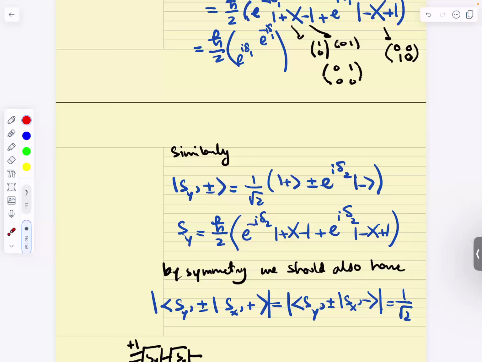Anyone? It's i. E to the power of minus i pi over 2 is minus i. If you force one of them to be real, the other one must be imaginary. There's no choice. There are no choices.